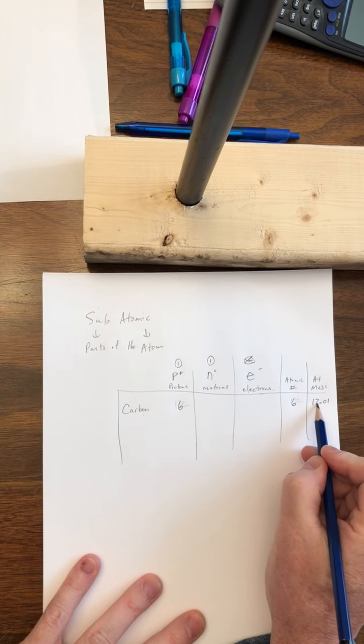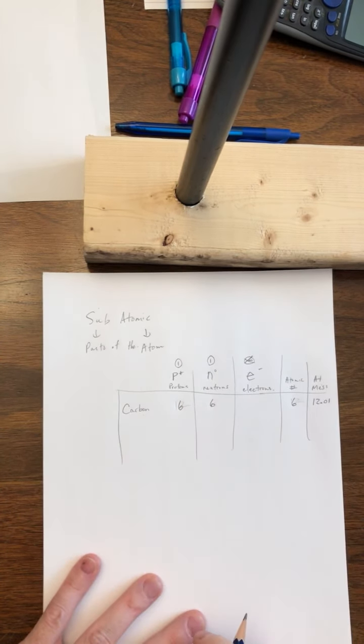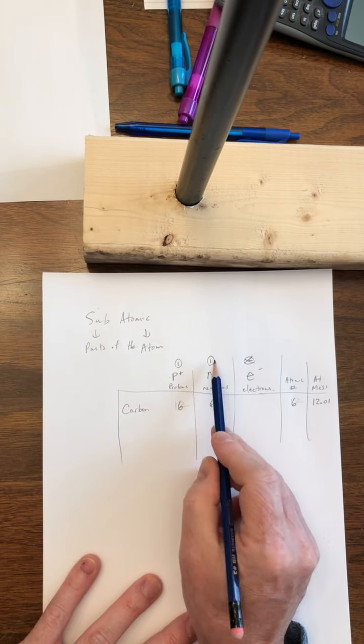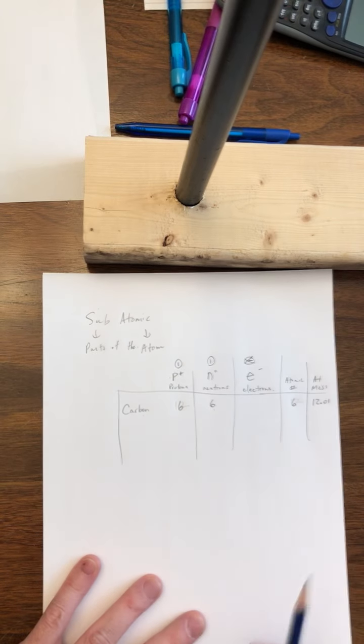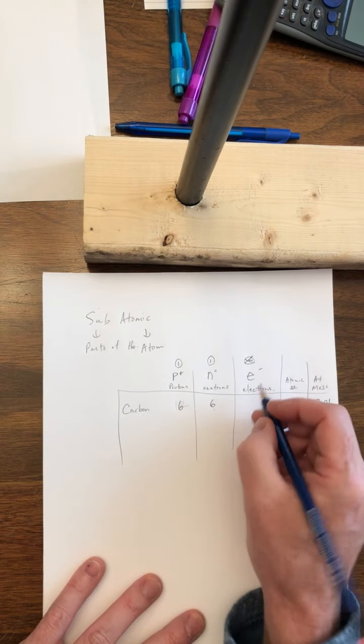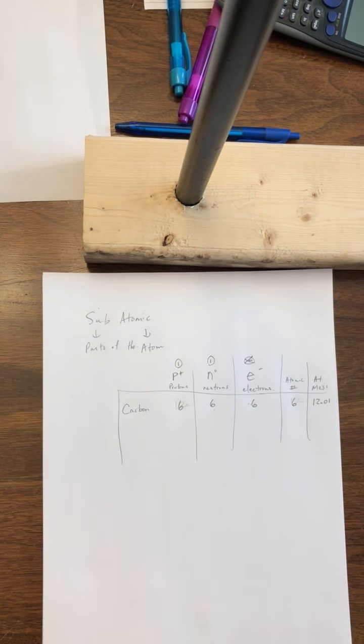I know, rounded, its weight is 12, so it must have 6 neutrons as well. So a weight of 6 and a weight of 6 gives me a total weight of 12. And because carbon is neutral, it has to have the same number of electrons as protons. So we get 6 of those as well.